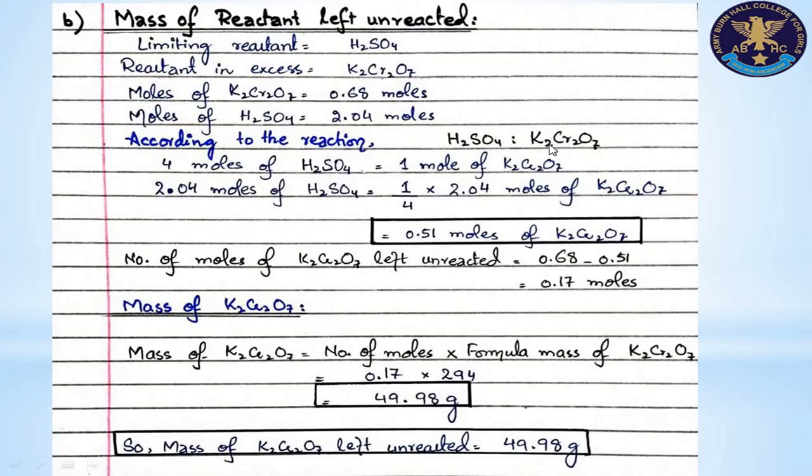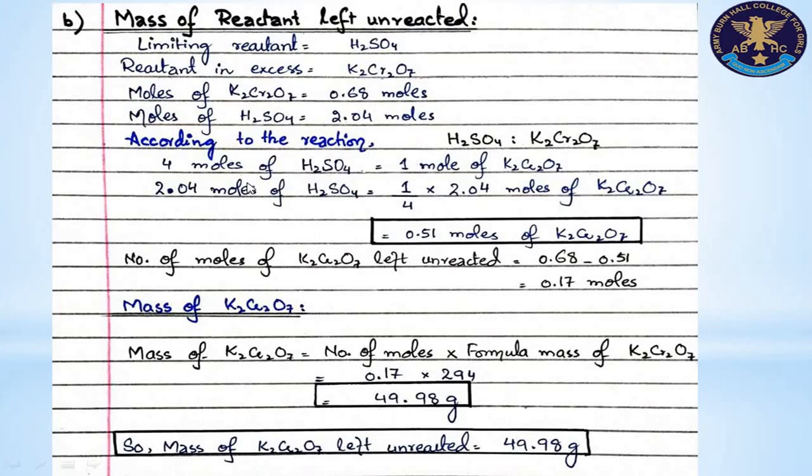The balanced chemical equation clearly indicates that 4 moles of sulfuric acid is equal to 1 mole of potassium dichromate.